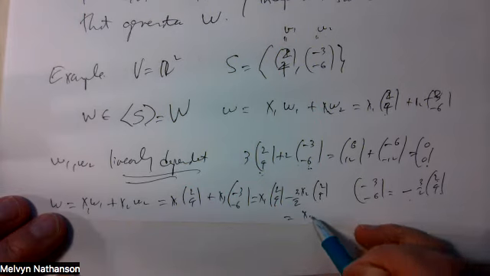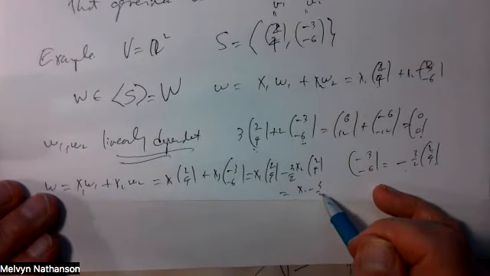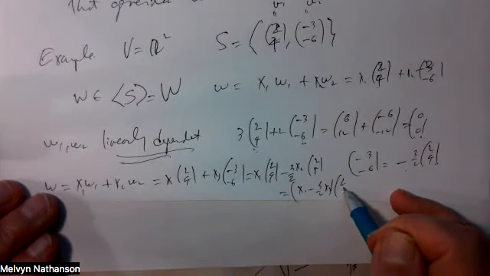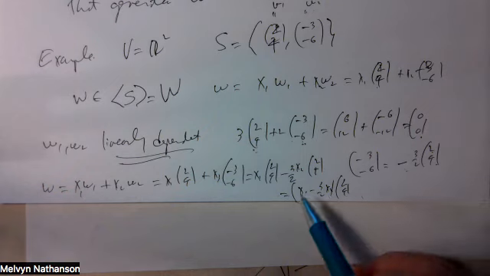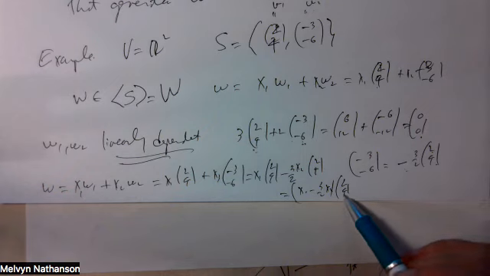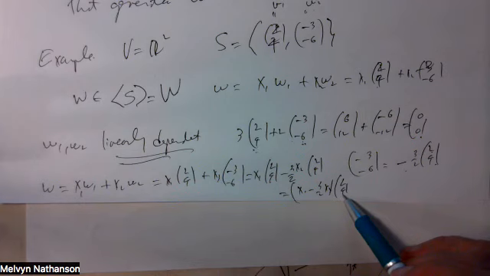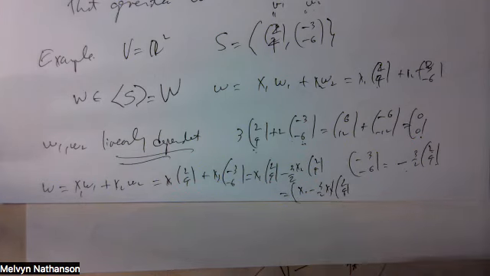This is just some linear combination of the vector 2, 4. So W is spanned by just this one vector 2, 4, and one non-zero vector is always linearly independent.